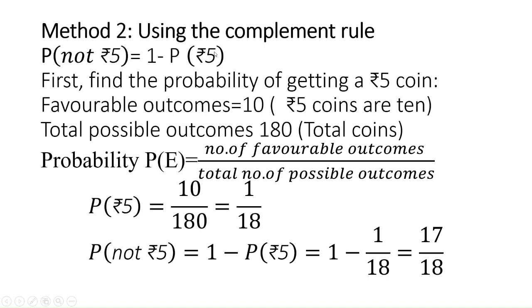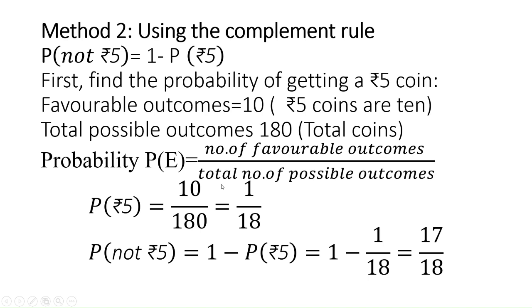Again, the probability of getting a 5 rupees coin means the favorable outcome should be the total number of 5 rupees coins. How many 5 rupees coins are there for us? 10 are there. So favorable outcomes are 10, and total possible outcomes are 180, the total number of coins. So the probability of getting a 5 rupees coin will be equal to 10 by 180, that is nothing but 1 by 18.